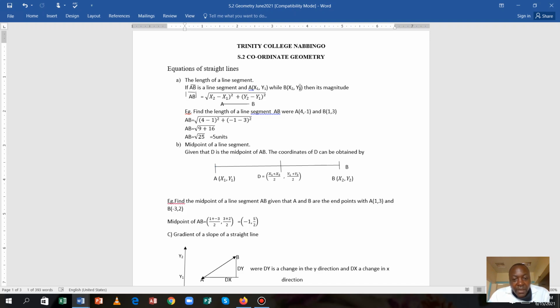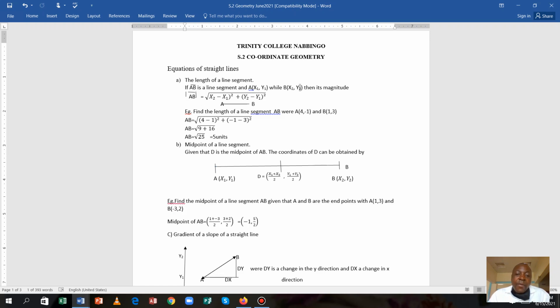Second subchapter, we shall be looking at a midpoint of a line segment. When we talk about a midpoint of a line segment, we are referring to that point where it divides the line into two equal parts. That is the midpoint.